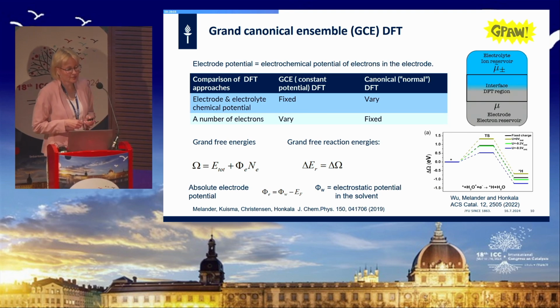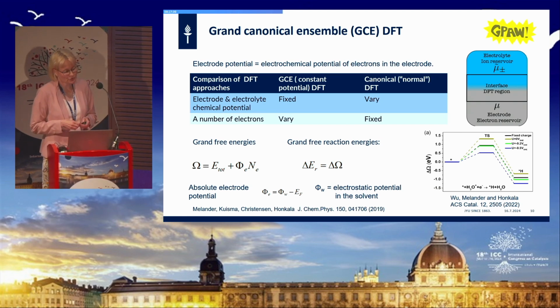And if you do constant potential DFT calculations, you will have grand free energies, which consist of the total energy of the DFT, plus the term that includes the absolute electrode potential times the number of electrons. And then you can carry out the energy difference calculations, like shown here in the equation.